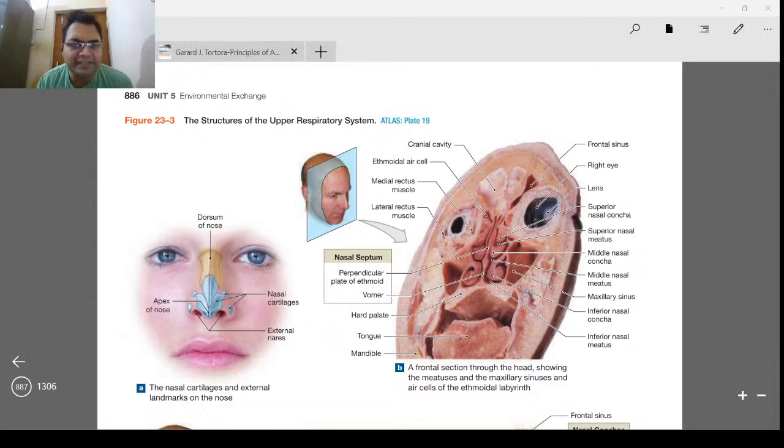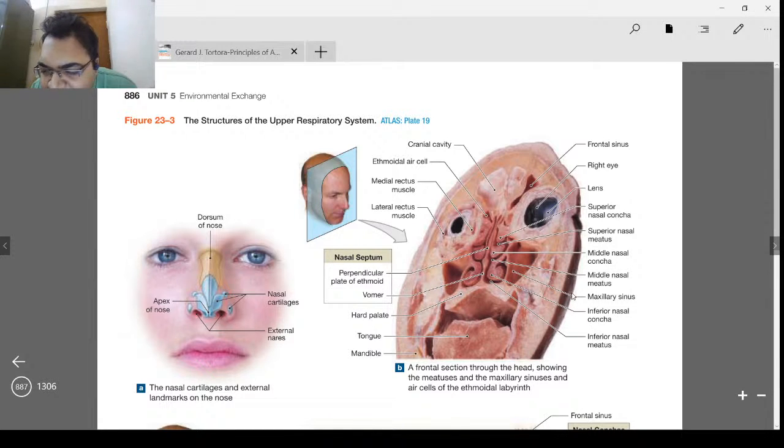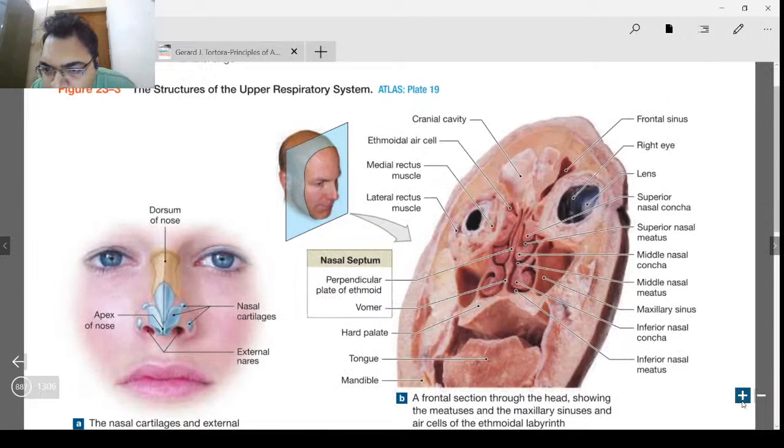Now just look at this image closely. Look at my cursor. I'll zoom it in even more. This is the image that you get when you take this specific horizontal section.